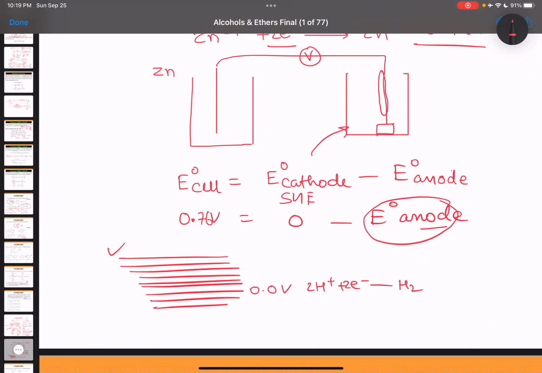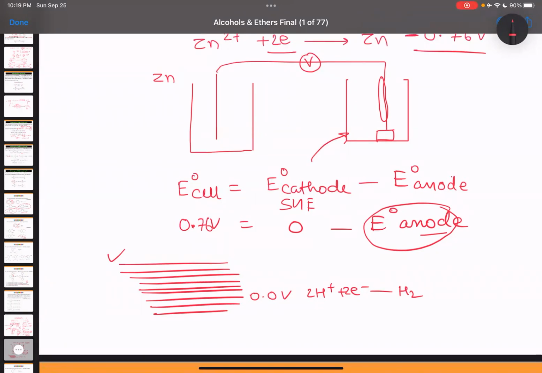Which is the one at the top of this electrochemical series, the one having the very high tendency to accept electrons?